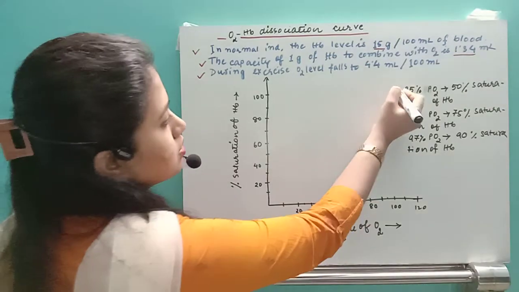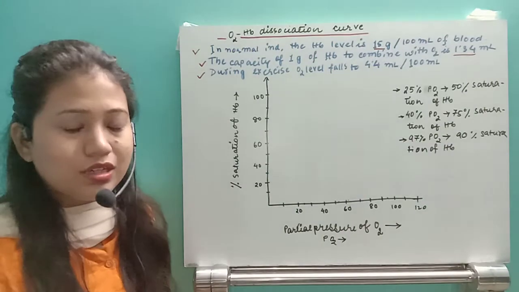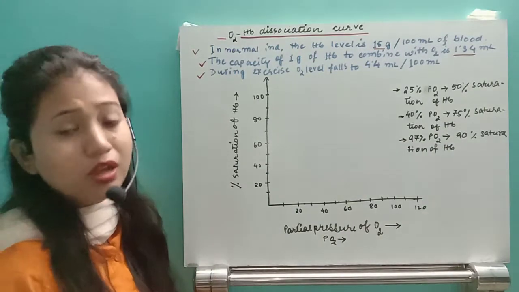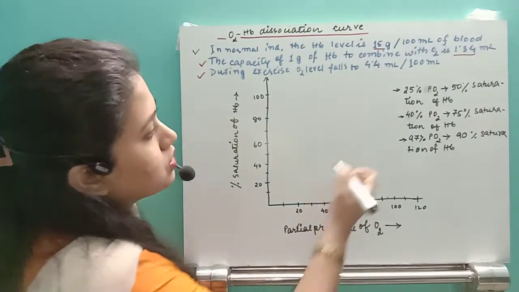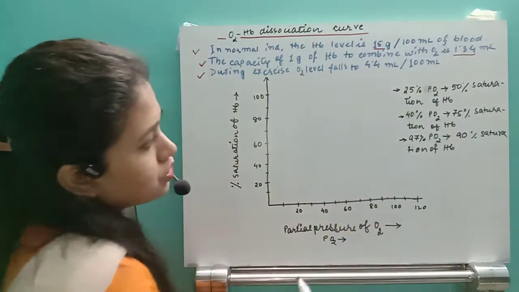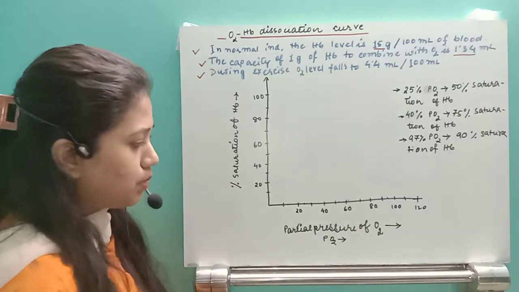First of all, some data have been given here. It is seen in a normal individual how the oxygen hemoglobin dissociation curve will look. Just see around 25% of partial pressure.